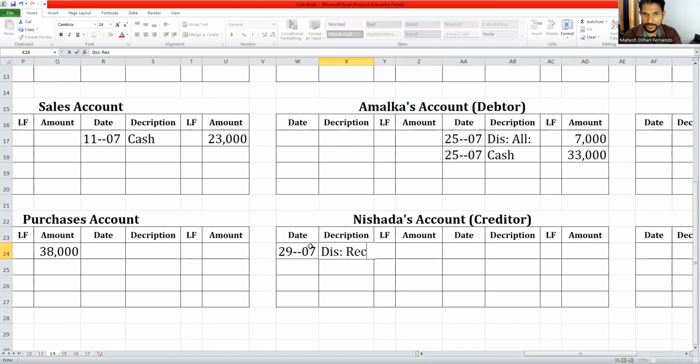Discounts received 2,000. 29th of July, cash 28,000. Okay.